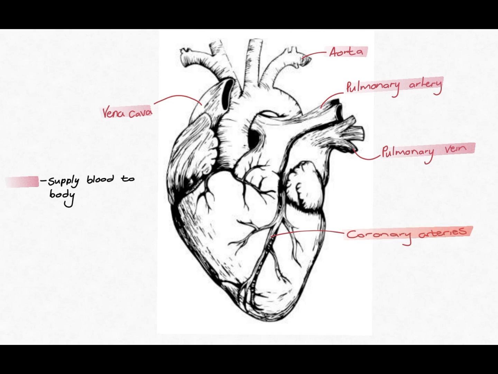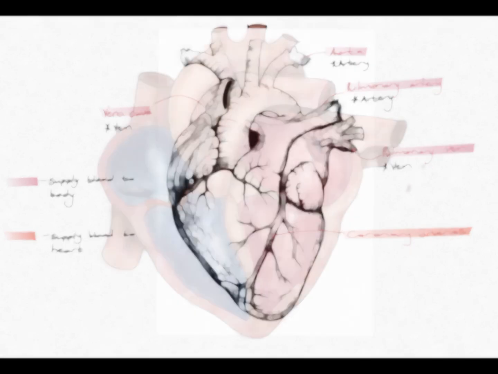Now, the coronary arteries specifically supply blood to the heart and the heart muscles to be able to function. So if you have to imagine it, blood will be pumped from the aorta to smaller arteries and then towards the coronary artery to supply the heart with blood itself.